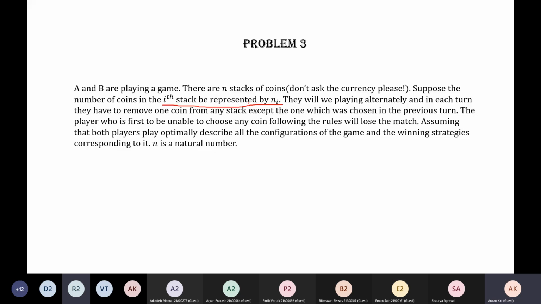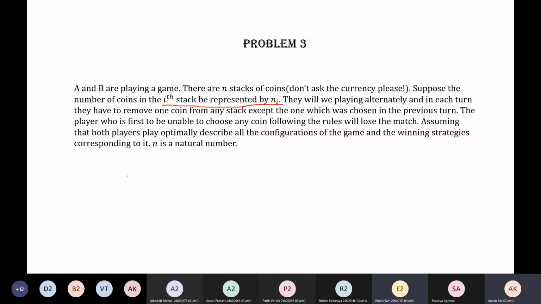Yeah, you start with the smallest size stack, and then you keep playing in that only. We can just aim to make each stack equal. When each ni becomes equal, then we can just play symmetrically with the opponent.